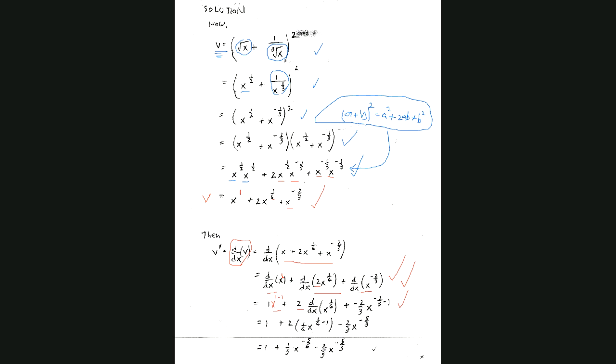You want to do the problems this way to help you learn these rules. And then I use the power rule again on the derivative of x to the 6th power with respect to x. And then we finally get the answer.